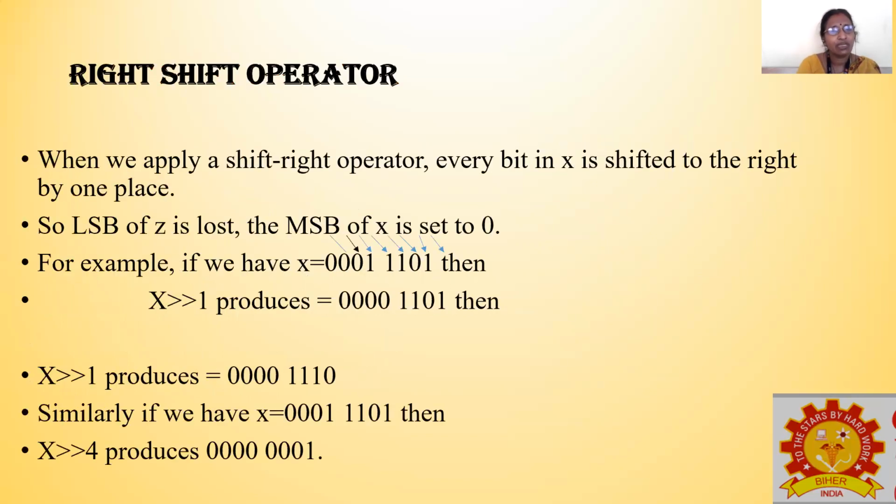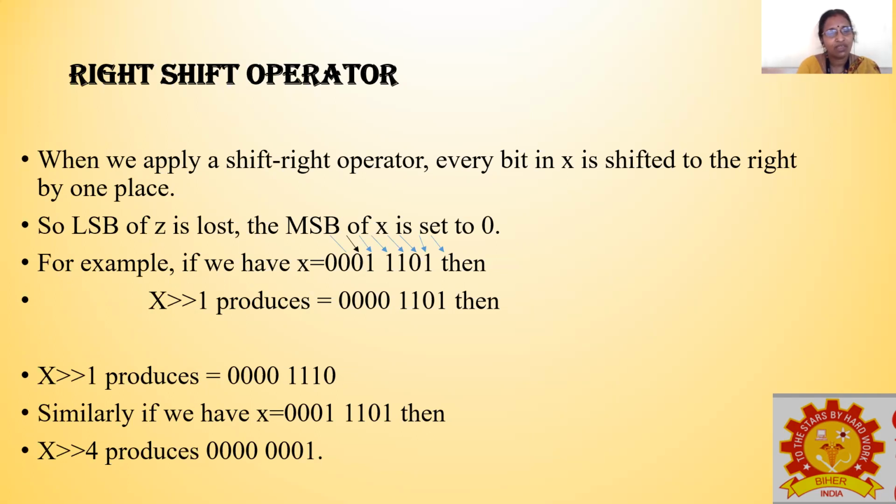Right shift operator: when we apply the right shift operator, every bit in x is shifted to the right by one place. So the LSB of x is lost and the MSB of x is set to 0. For example, if we have x equal to 0001 1101, then x right shift 1 produces 0000 1110, so every bit is shifted one bit position to the right.